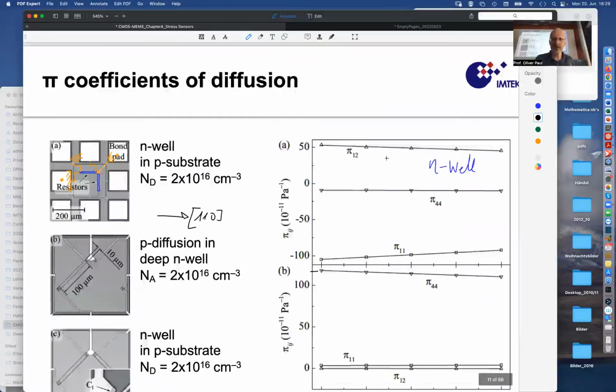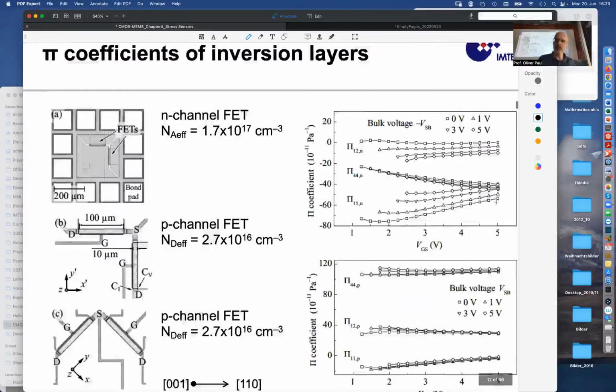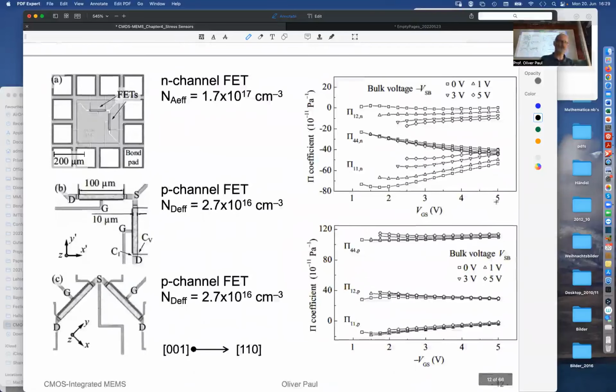And if I go back to this slide here, everything looks pretty much like one expects, namely pi11 and pi12 are small for the P, and the pi44 is really big, as found by Smith also. And now with the field effect transistors, we obviously see that, first of all, the values are not so simple, and they're not as large either.